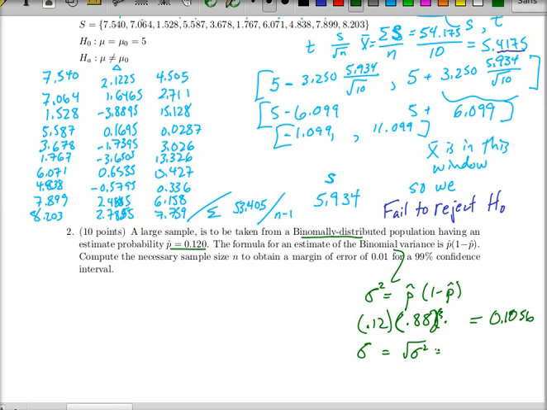of the variance, which is the square root of 0.12 times 0.88 equals 0.1056, and take the square root. Something's not quite working.